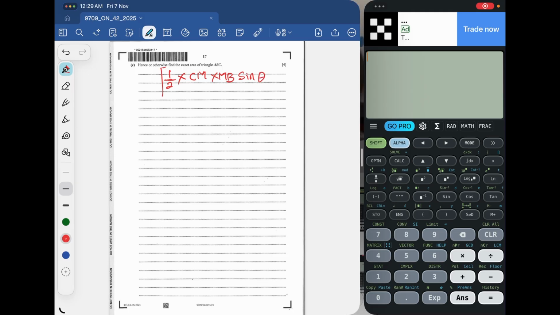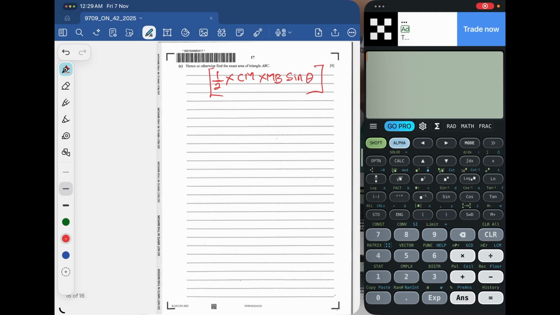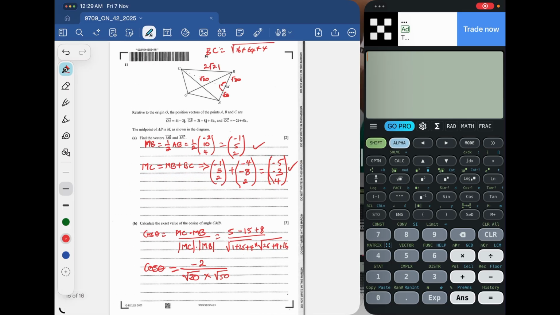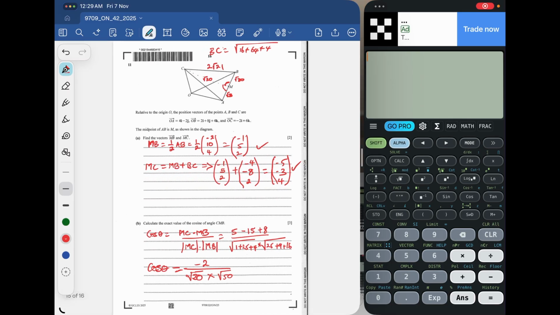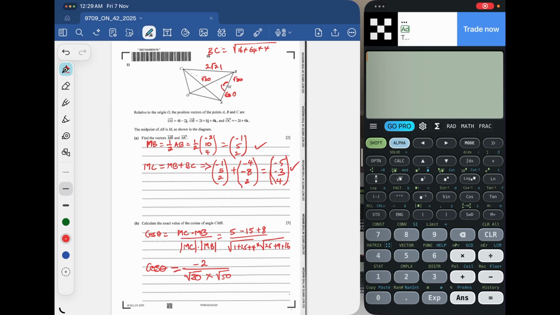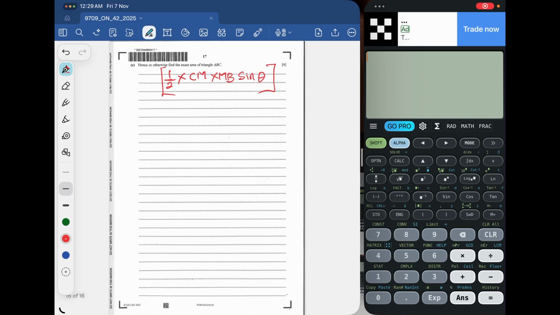Now it will be the same, right? Because they have a common angle. This is root 30. So half AB sine C, half AB sine C. So I'll just multiply it by 2.